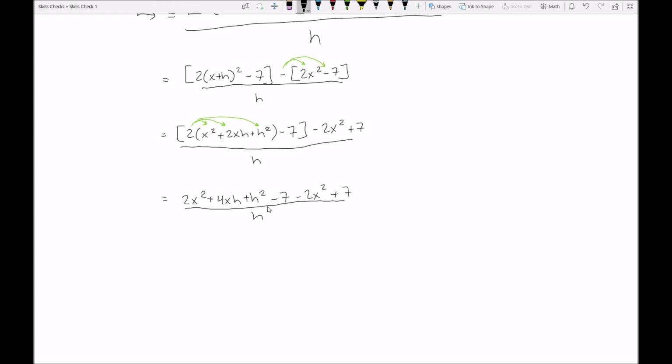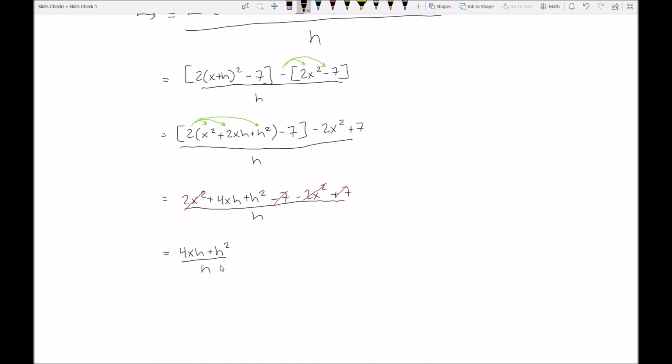Now, while it looks like I've made things a lot messier, you might notice that several things in the numerator now can simplify out. Notice I have a minus 7 and a plus 7. I have a minus 2x squared and a plus 2x squared. And so if I write out what I'm left with, I just have 4xh plus 2h squared over h.